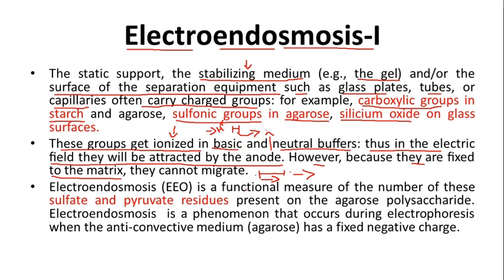This propagated group, whether carboxylic or sulfhydryl, may be present on the surface of the pore. These propagated groups will significantly affect the rate of migration of our given molecule, either DNA or protein. These deal with electroendosmosis one.